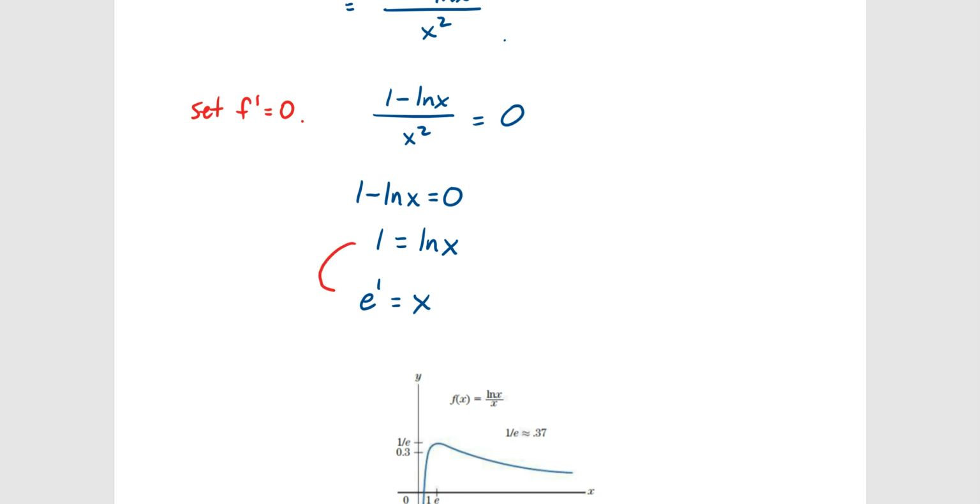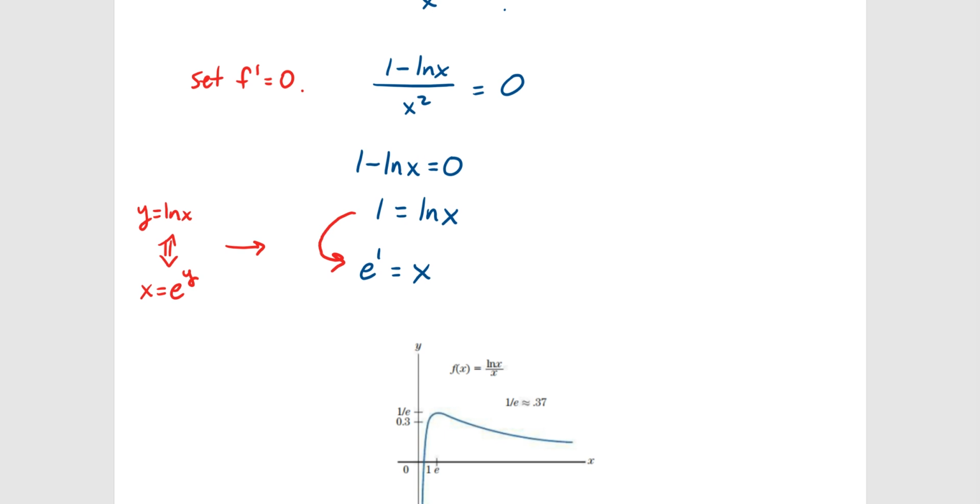So we went from logarithmic form to exponential form. Remember, that's this little conversion right here. And we did that because now x is by itself. That gives us x equals e. So we know x equals e is when the derivative is equal to 0.